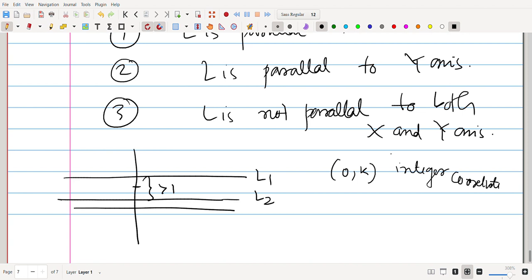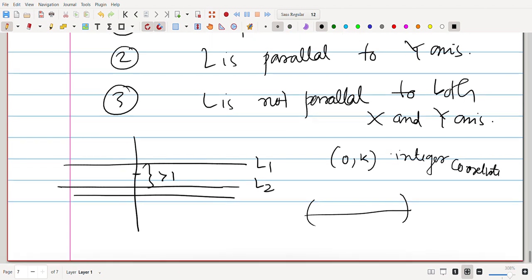Because it is strictly greater than 1, and on a real line, consecutive integers have distance 1. So if you choose any interval of length greater than 1, you will always find an integer there.